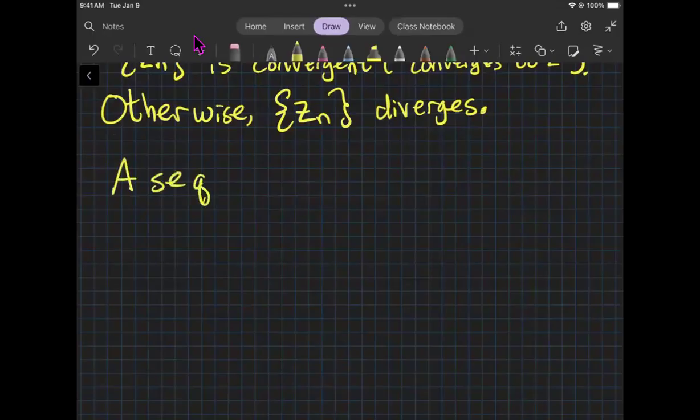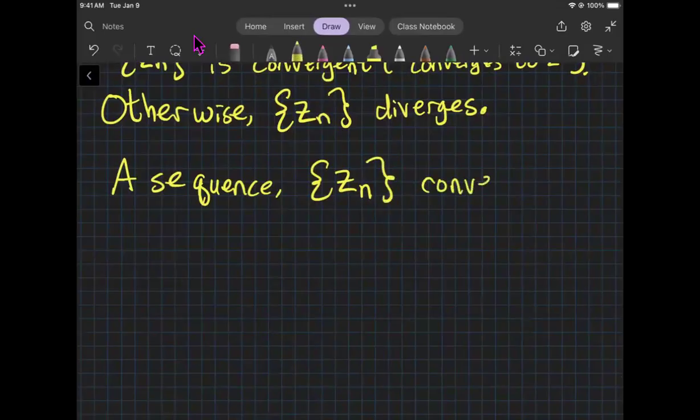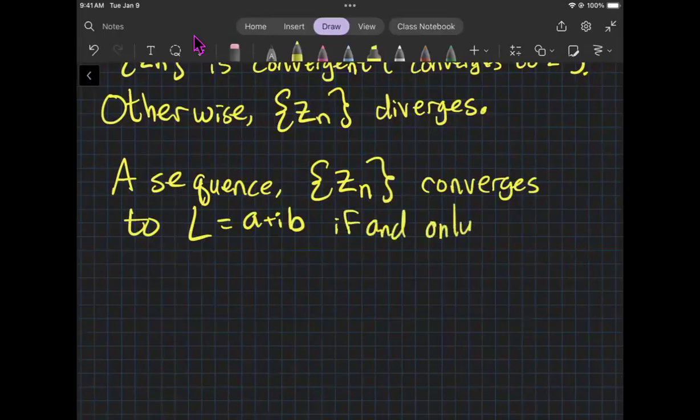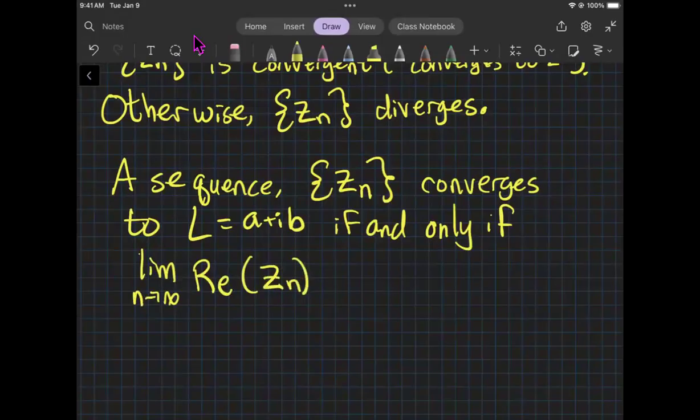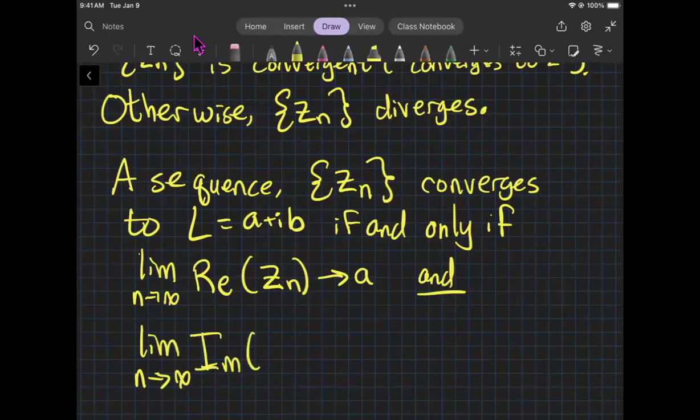A sequence z sub n converges to L, which could equal a plus ib, if and only if the limit as n goes to infinity of the real component of the sequence z sub n, so look at the real number values in the complex sequence, converges to a, and the limit as n goes to infinity of the imaginary component of the complex sequence z sub n converges to b.